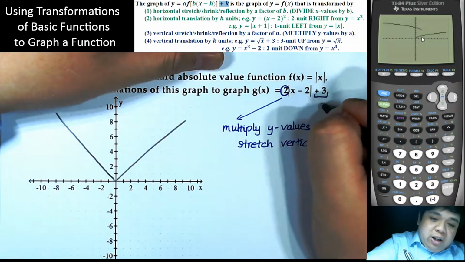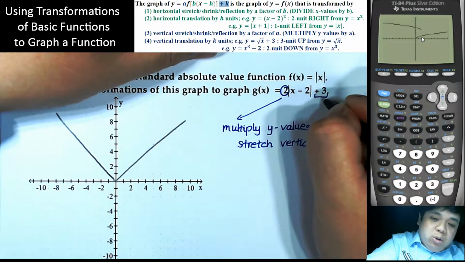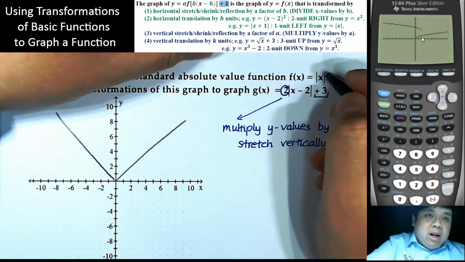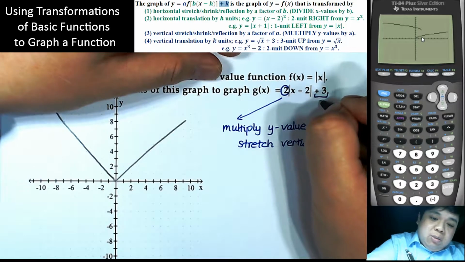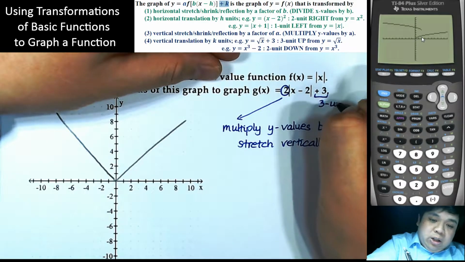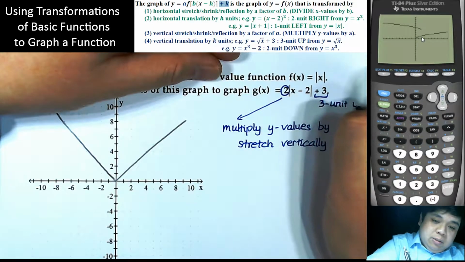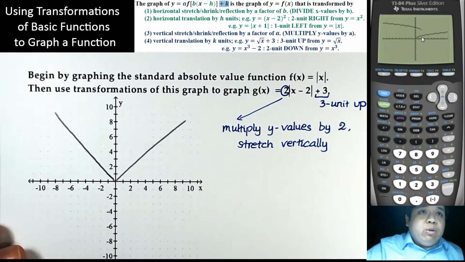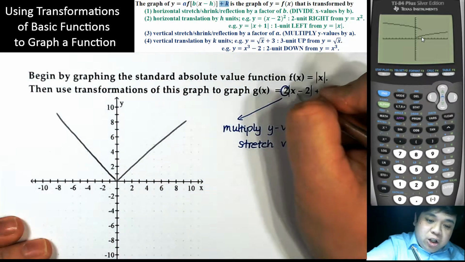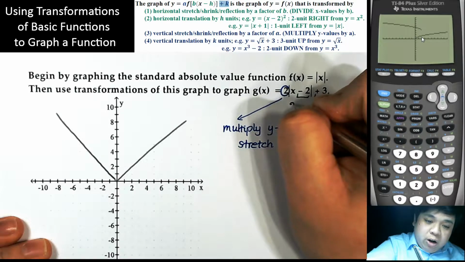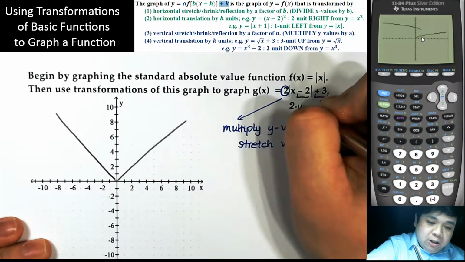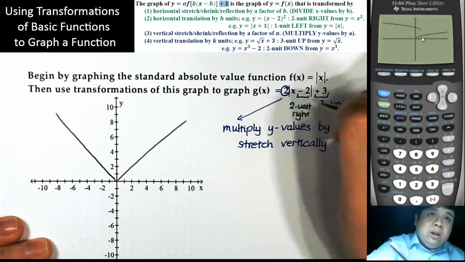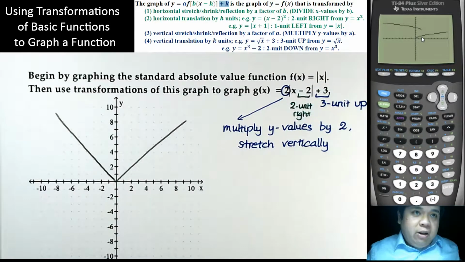The plus 3 here, outside the absolute values, will affect the graph vertically, and this particular one will be 3 units up. Now inside the absolute values, we only have minus 2, meaning 2 units right. So those are the transformations we have.